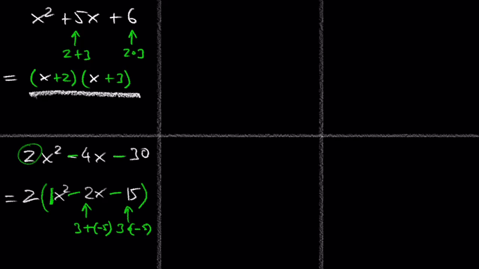So we can write the polynomial as 2 times (x plus 3) times (x minus 5).